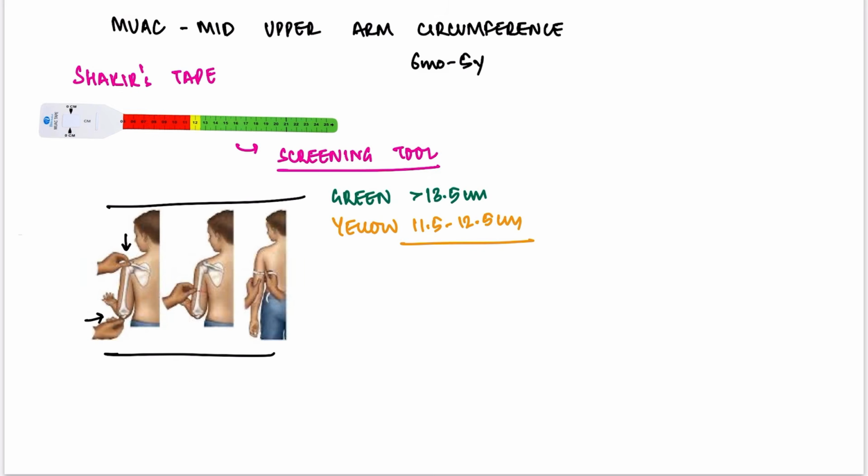Right? And then we have the red zone. That is less than 11.5 centimeters. This is the red zone. So this tells me that the child has severe malnutrition. So this is how you interpret the findings of the Shakir's tape.